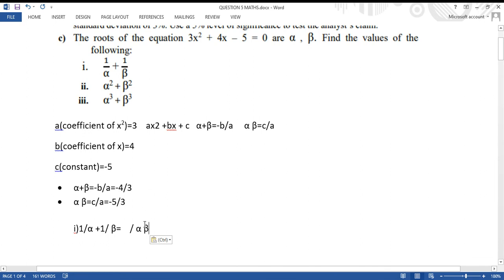So we're going to say alpha beta divided by alpha, we get beta. So we put here beta.